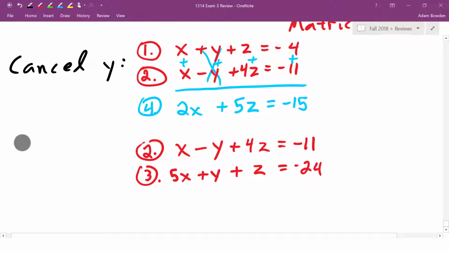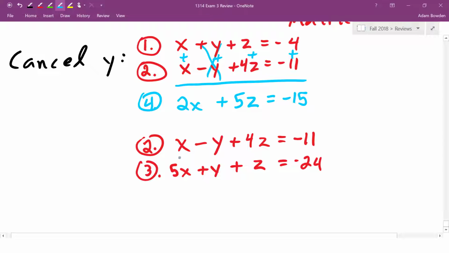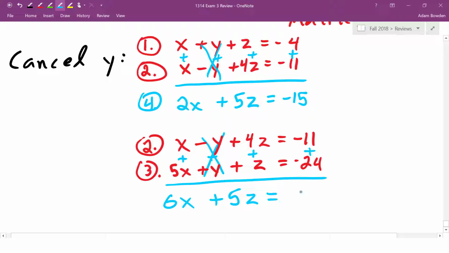So equation 2 and 3 set up this way. We'll add term by term. Putting together the x's, looks like we get a 6x, negative positive y cancel, plus 5z equals negative 35. And we'll call this our new equation 5.